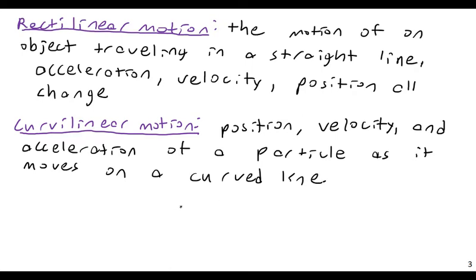All right, so that makes sense. Because in order to be a curved line, it cannot be in one dimension, so we're either talking about two or three dimensions. We're talking about motion in 2 or 3 dimensions. Okay, so moving along here.